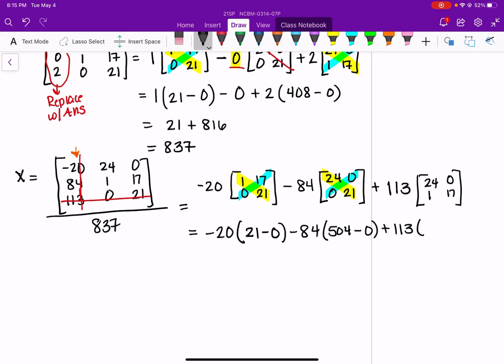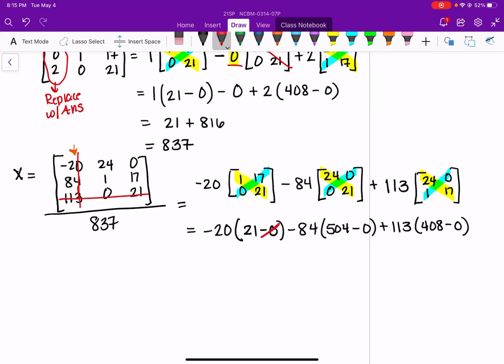And we're going to do our 24 times 17 again, which is 408. And our other one, 1 times 0, which is minus 0. And again, all of these minus zeros we don't really care about.